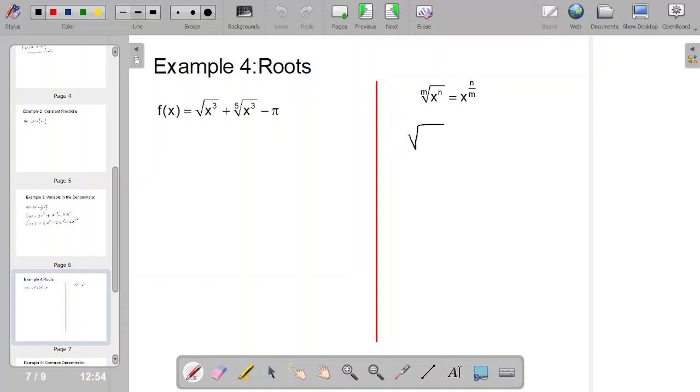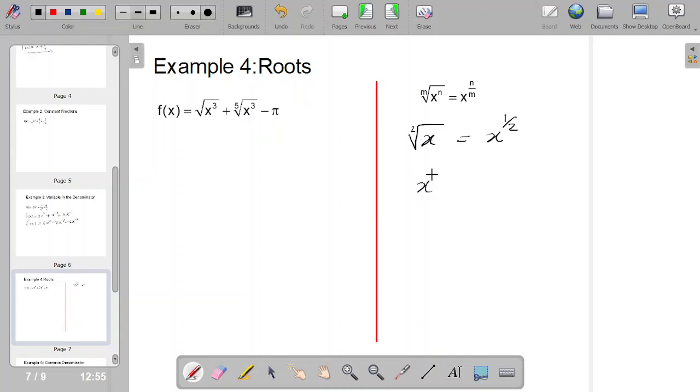A simple example is if you have square root of x, so this means you have x, you have 1 here, so it goes in the numerator, over, it's the square root, so there's an invisible 2 there, so it's over 2.